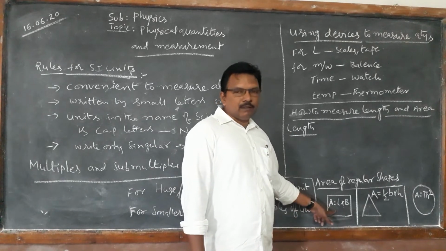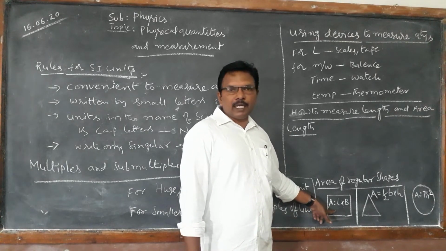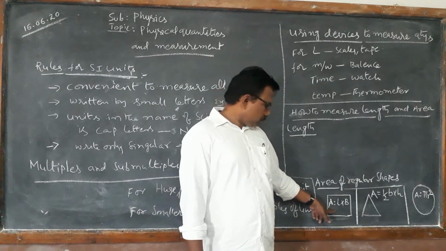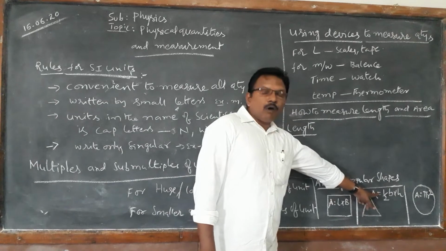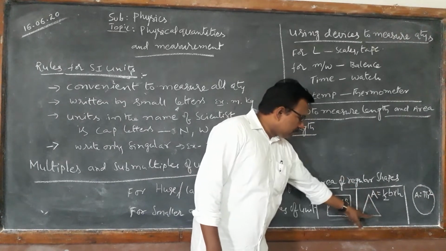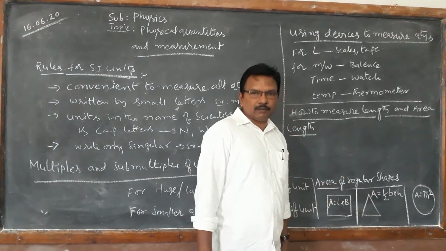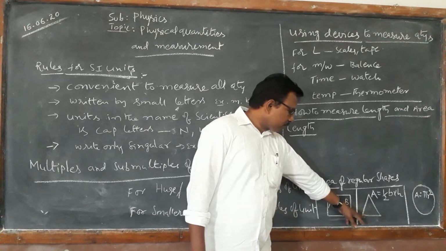For a rectangle, the area formula is length into breadth. For the area of a triangle, the formula is half into base into perpendicular height.